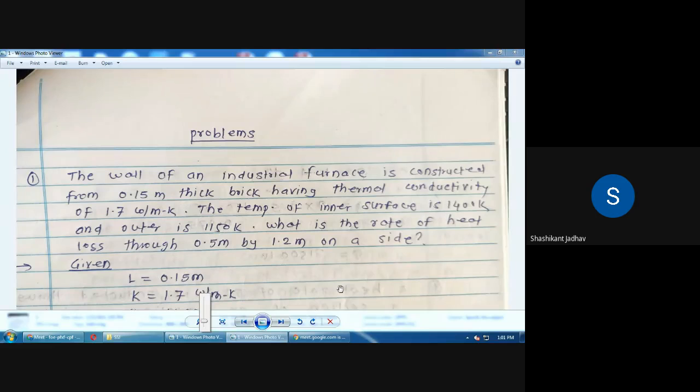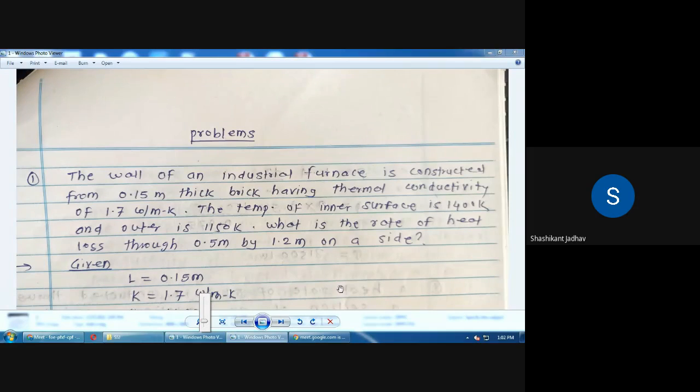The temperature of inner surface is 1400 Kelvin and outer is 1150 Kelvin. What is the rate of heat loss?